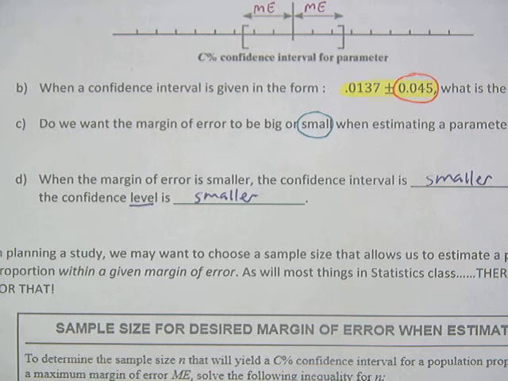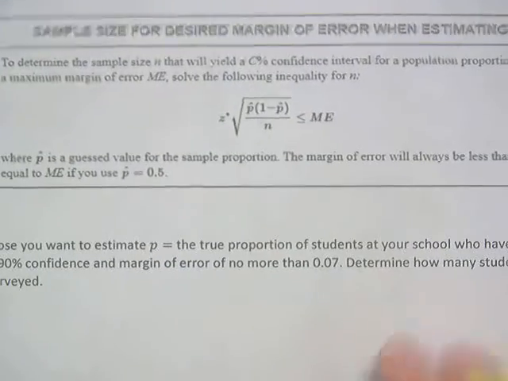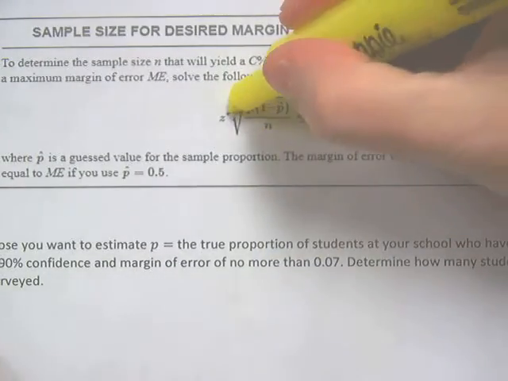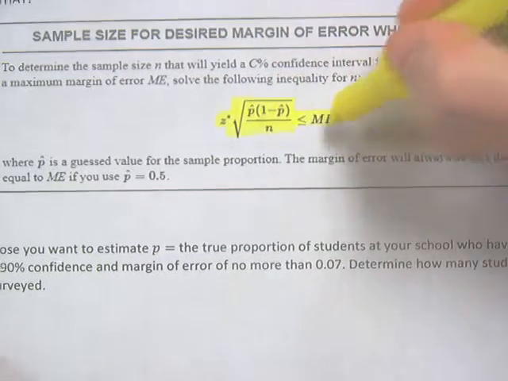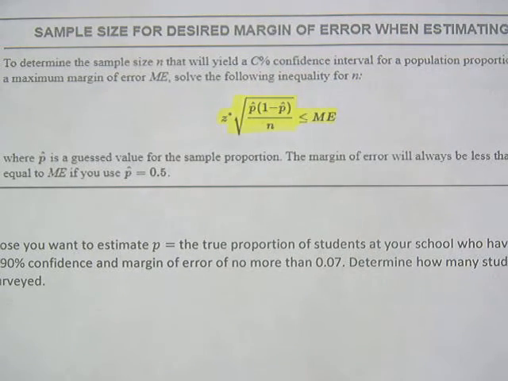Okay, that was all review. Today, we are going to be using this formula to figure out what sample size do I need if I'm given a specific margin of error that I have to work with.